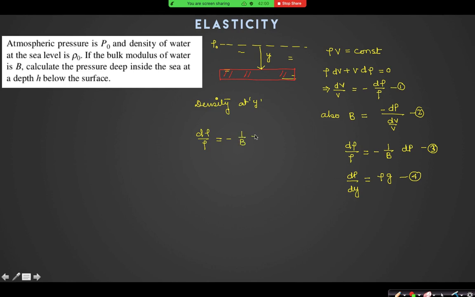Now dp is equal to rho g into dy, so d rho divided by rho square is equal to minus g by b into dy. I can integrate it, as it is given that at y equal to 0, density was rho naught, and at certain depth y, the density I do not know. So 1 by rho naught minus 1 by rho is equal to minus gy divided by b.